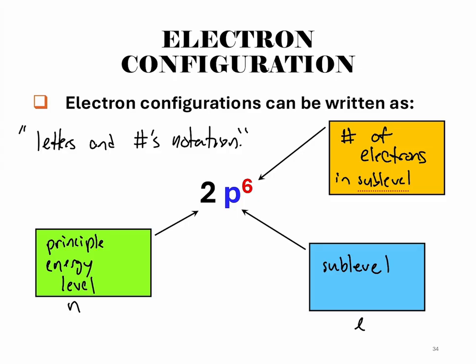Can I ask a question? Yeah. So the number of electrons depend on the sublevel? The number of electrons depends on the specific atom, and whether it's an ion or a neutral atom. So chlorine has 17 protons, then you have 17 electrons, and you fill in those 17 electrons based off of this.